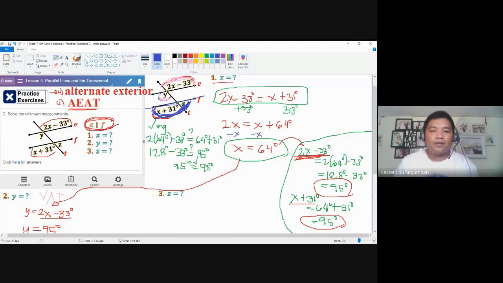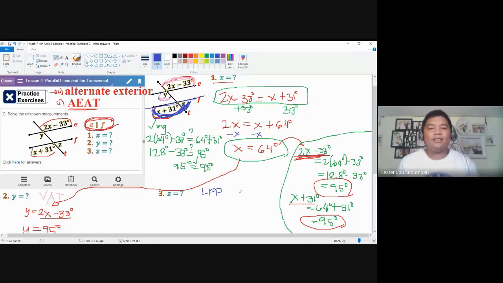This pair of angles is actually under the linear pair postulate, because these two angles here are forming a linear pair. And the linear pair postulate tells us that angles forming a linear pair are considered to be supplementary.